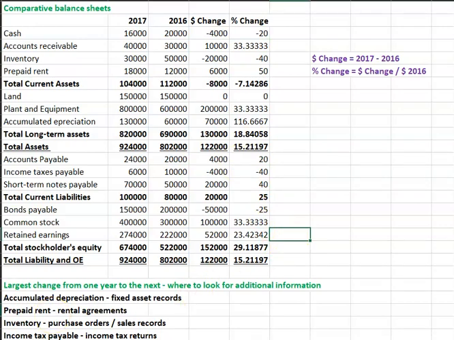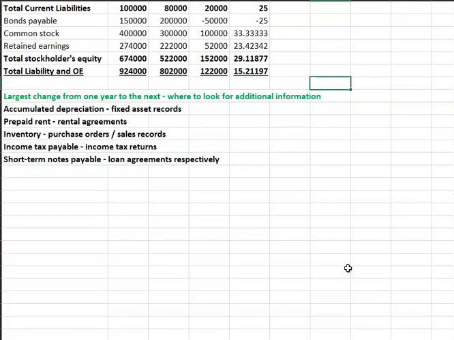And then finally, the fourth portion of this problem asks us to identify the 5 items on the balance sheet that experience the largest change from one year to the next, and also to explain where we would find additional information about such change. So the 5 items are accumulated depreciation, prepaid rent, inventory, income tax payable, as well as short-term notes payable.